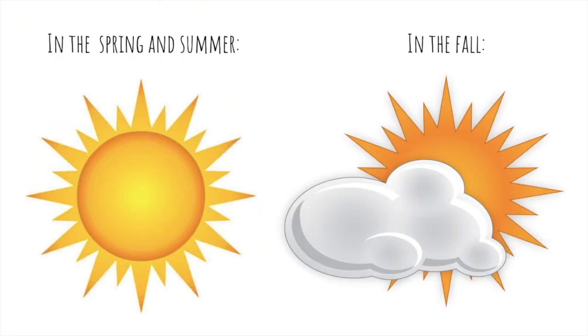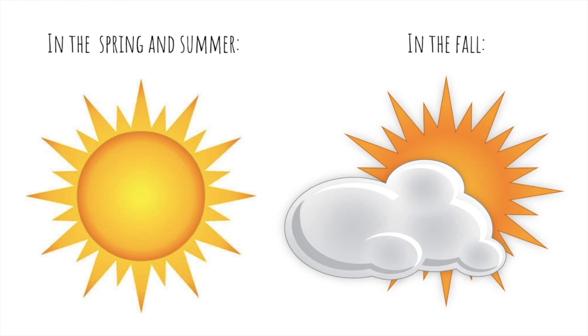During the spring and summer, there is plenty of sunlight, so trees are easily able to do photosynthesis and therefore produce lots of chlorophyll. However, in the fall, days start getting shorter and colder, which means that less sunlight is hitting the earth and trees are unable to do as much photosynthesis.